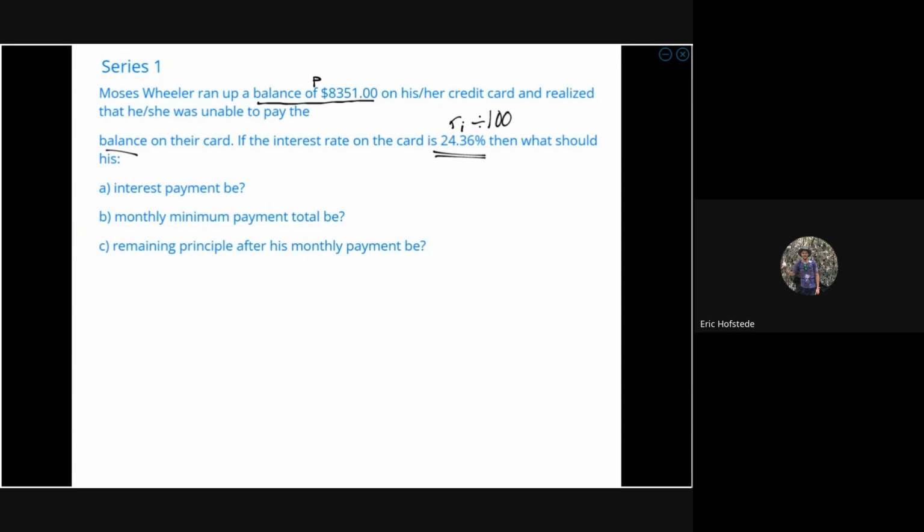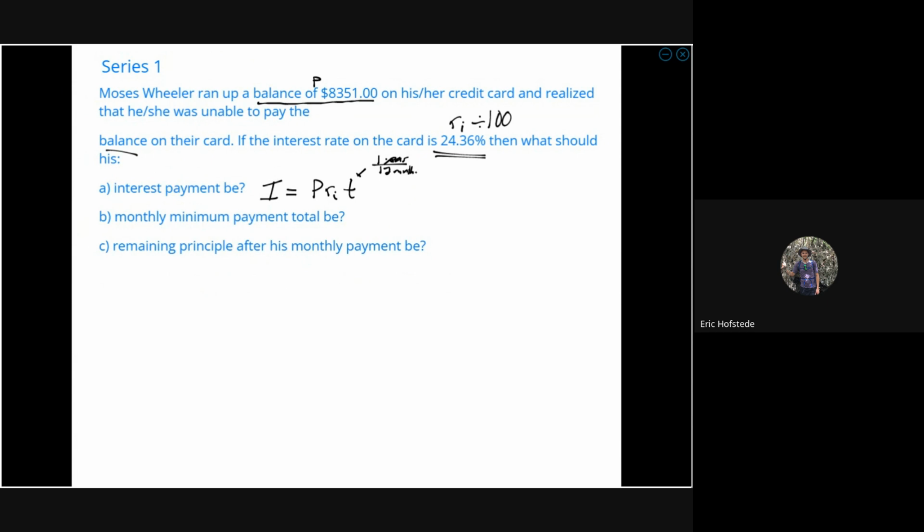The way that we calculate interest is a general equation. Interest is principal times our rate times time. In these credit card questions, since our period of time is always going to be 1 month, we will change this time to a unit conversion of 1 year, because that's the unit we actually want, divided by 12 months.